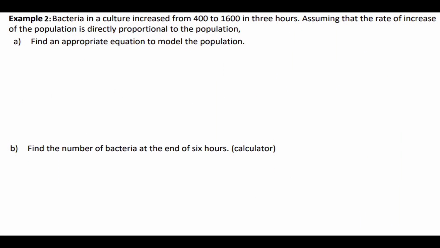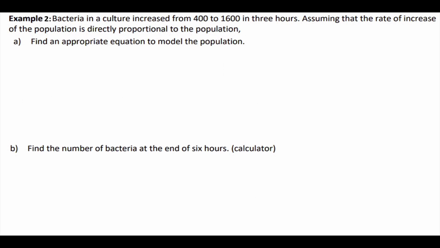Okay, so bacteria in a culture increased from 400 to 600 in 3 hours. So in 3 hours, it increased in population from 400 to 600. Assuming that the rate of increase of the population is directly proportional to the population, they want us to do a couple things.